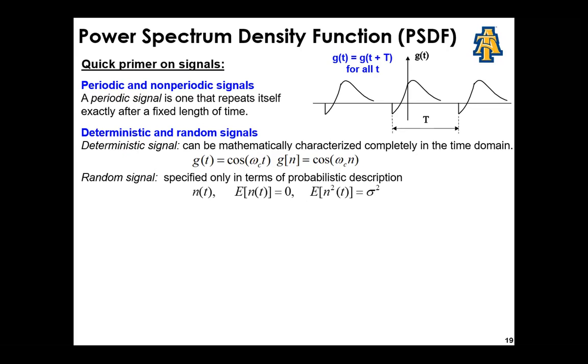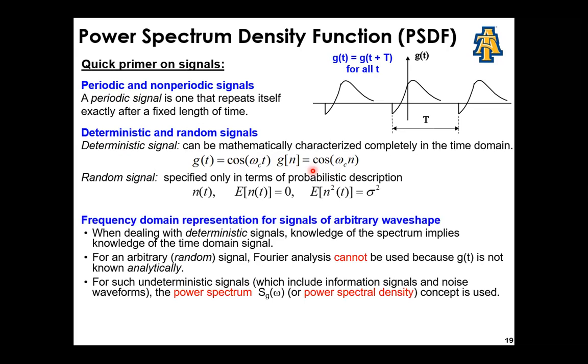Usually the deterministic signals can be characterized mathematically in the time domain, while the random signal is specified by a probabilistic description. This is the case with an arbitrary waveform, like the pressure fluctuation we've seen in the previous slide.